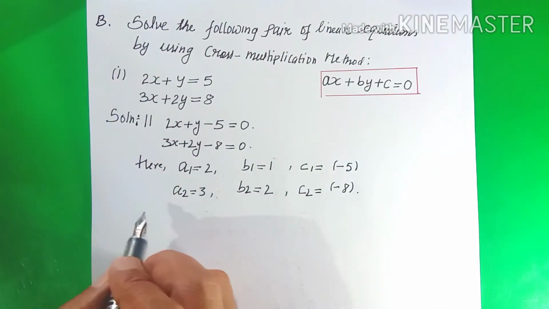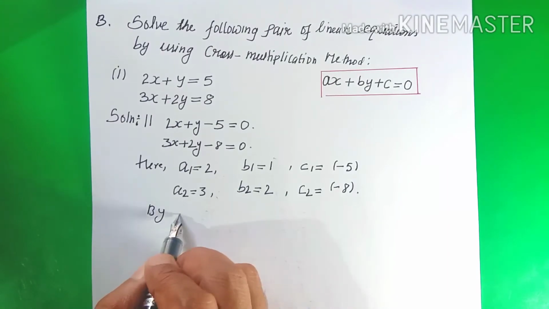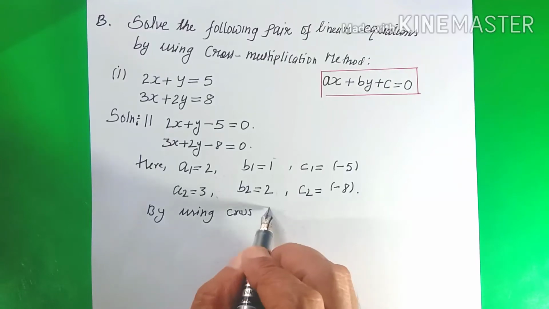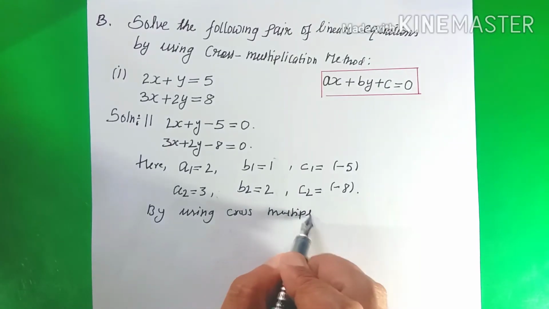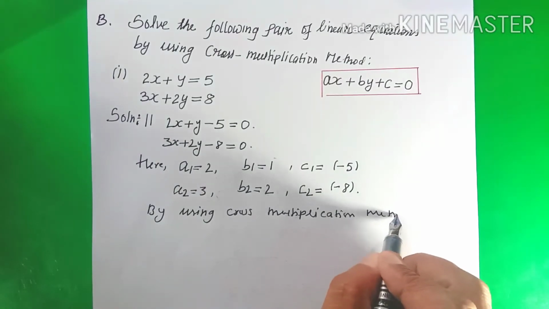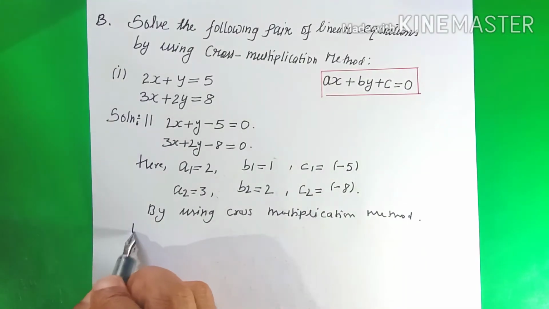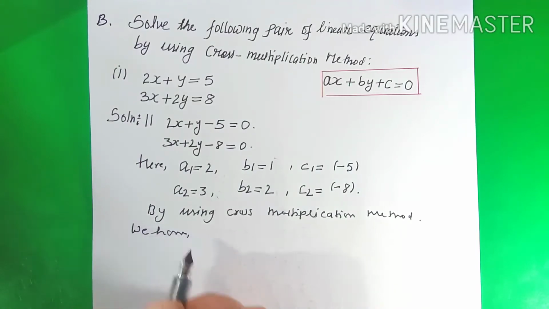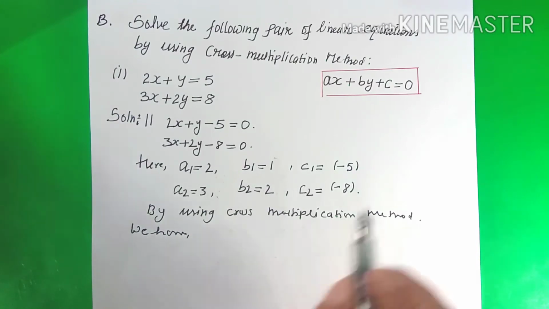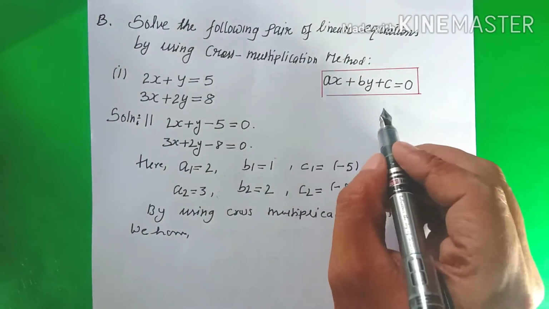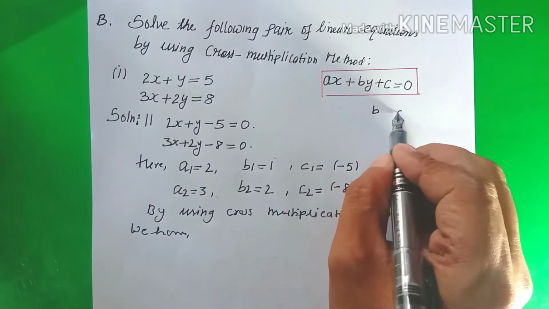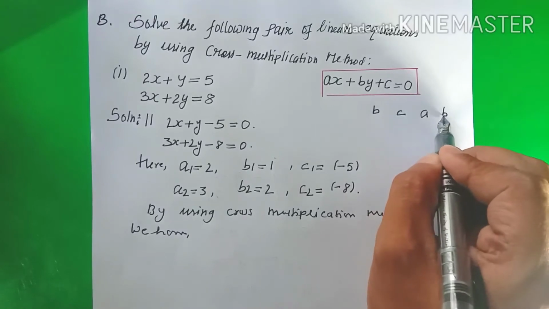Now take the formula using the cross multiplication method. How do we arrange the pattern for this method? You have to remember the pair pattern.